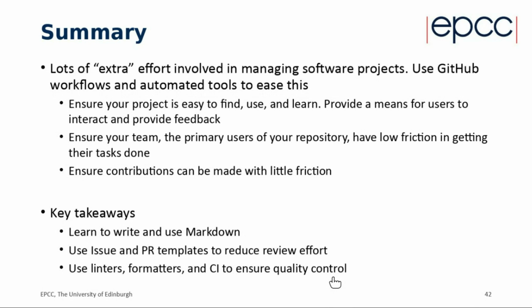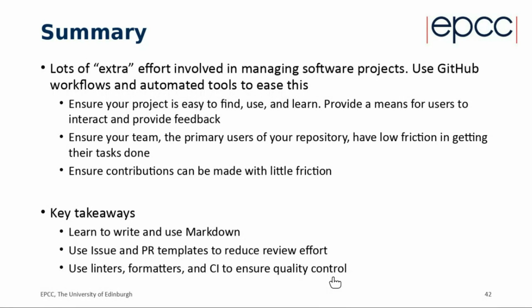So use GitHub workflows, automated tools. You can rely on that to kind of ease that process and make sure that your project is useful and that your team likes working with it. Key takeaways, a couple of them: just learn to write and use Markdown because it's super useful, and you can write really sort of rich documents from just plain text.